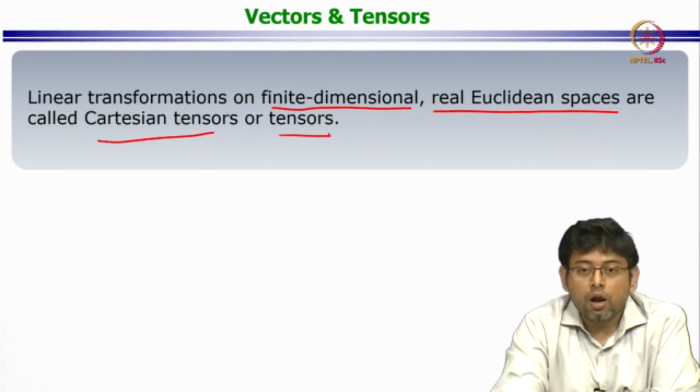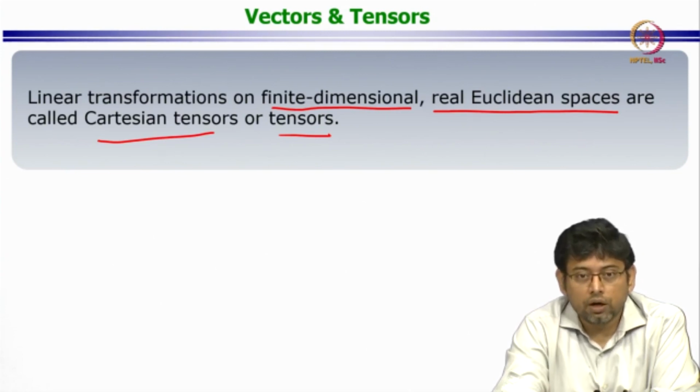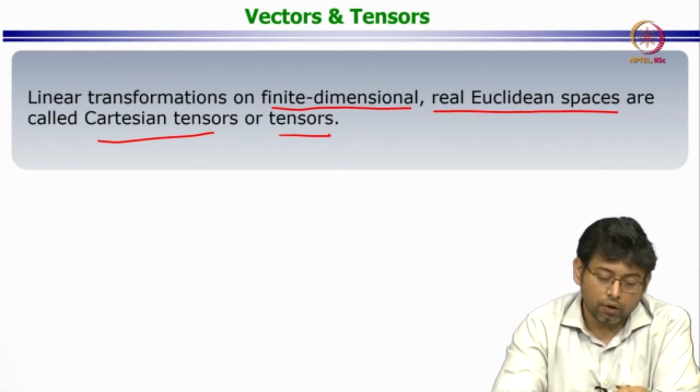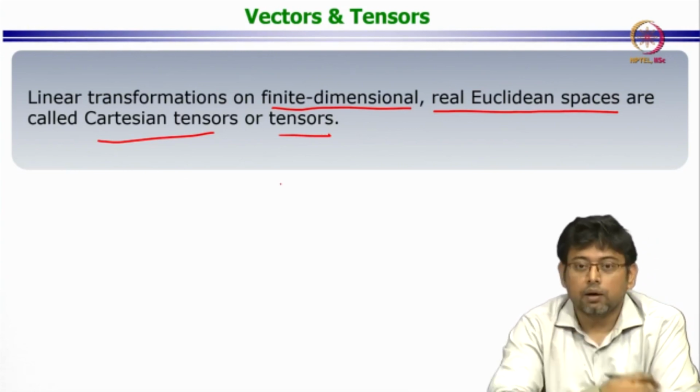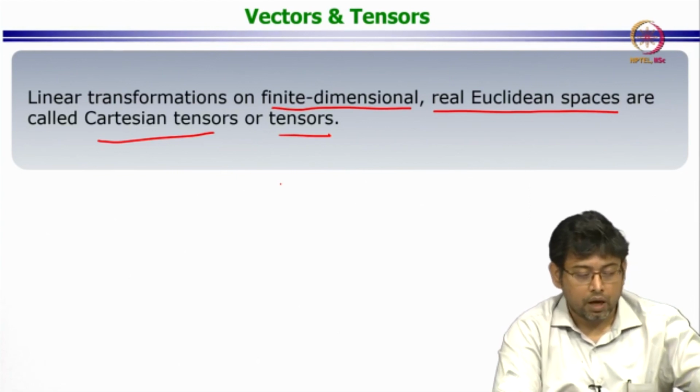So not all linear transformations are tensors. Those restricted to finite dimensional systems, where the vector space is a real Euclidean space, which means a dot product can be defined, are called Cartesian tensors. We are going to see Cartesian tensors quite a bit more as we move ahead.